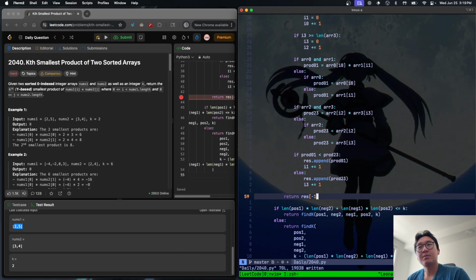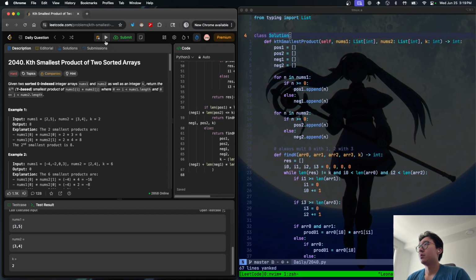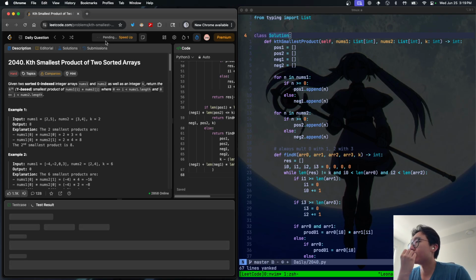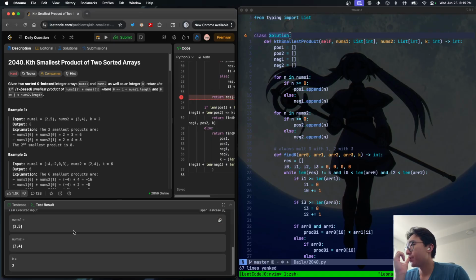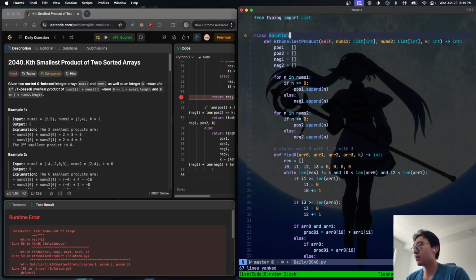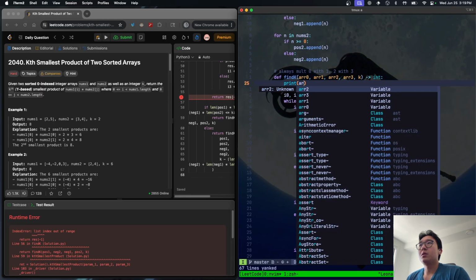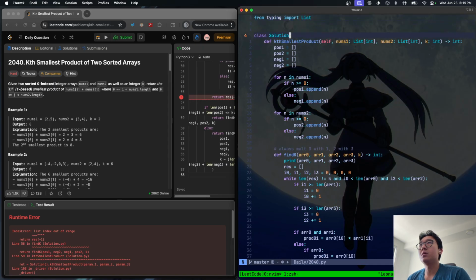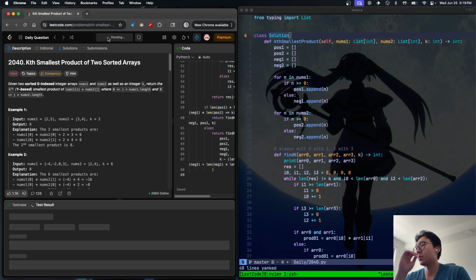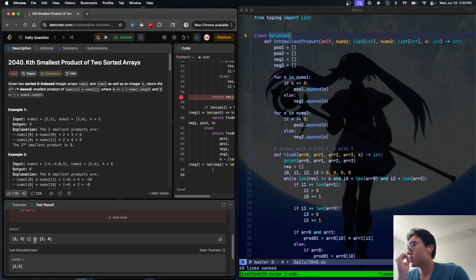Might get an infinite loop right here, but we'll see. Okay. Let me see what I'm multiplying here. R0, R1, R2, R3. Let's see. Yeah.